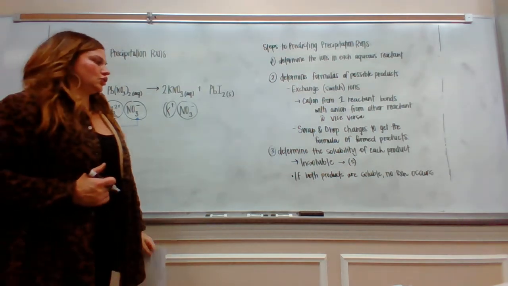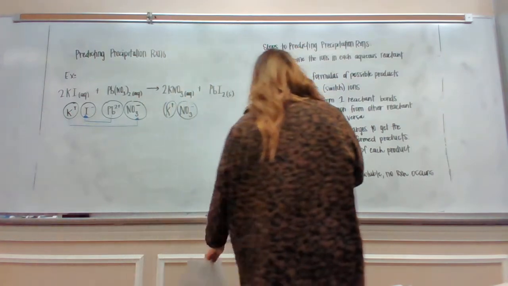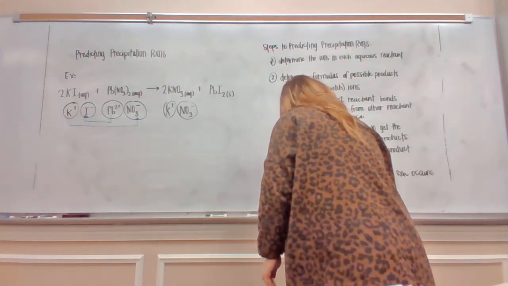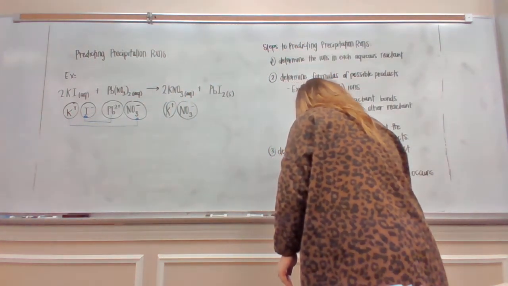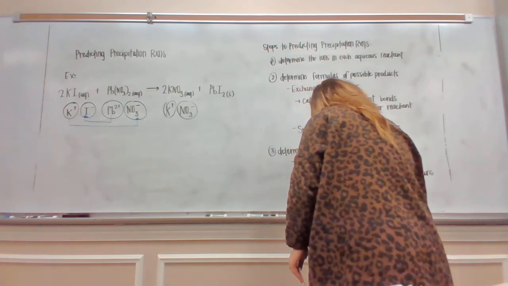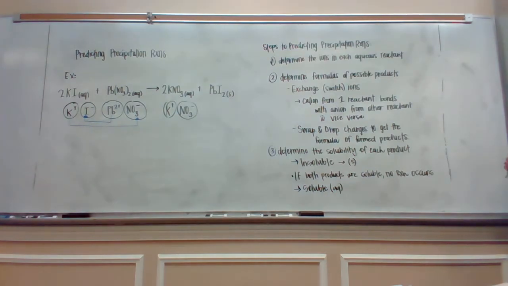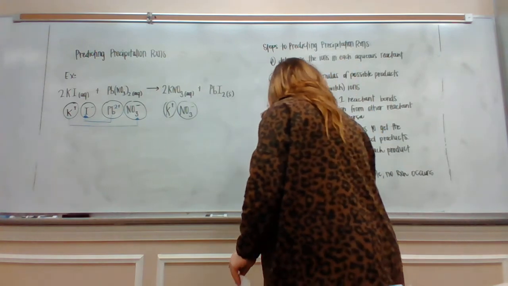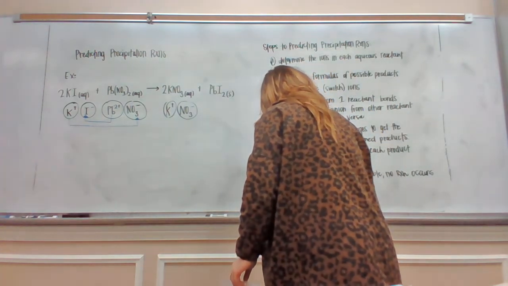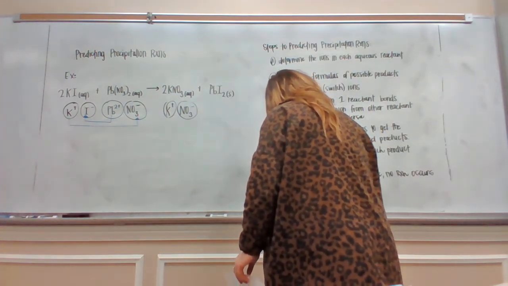Okay, then let's add here, of course, if you have something soluble, it gets the AQ behind it. The last thing you need to always do is balance the equation.